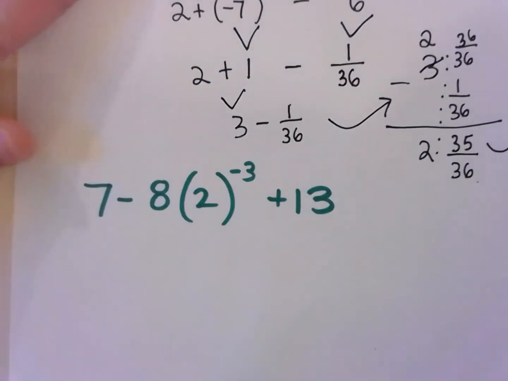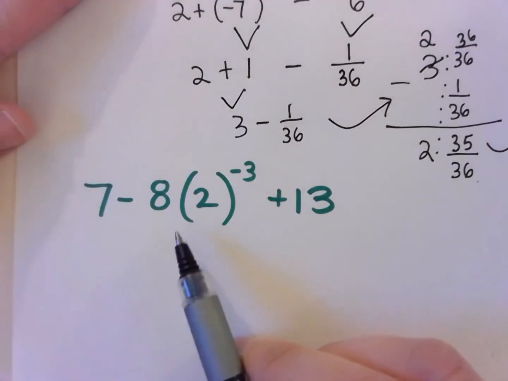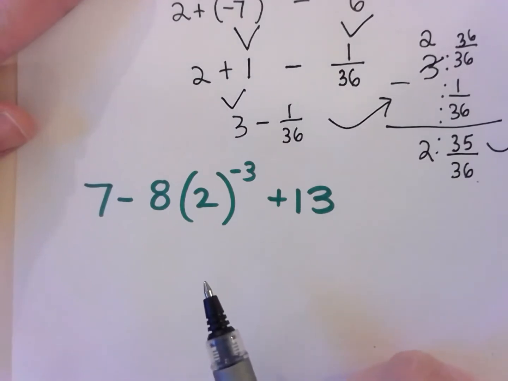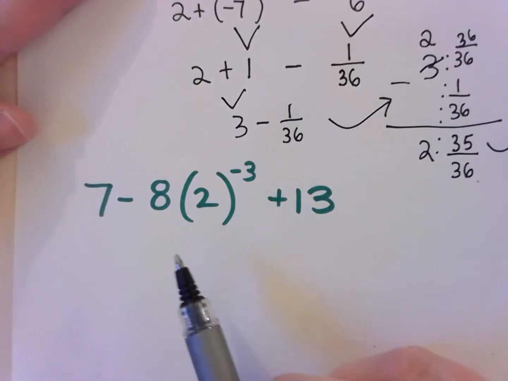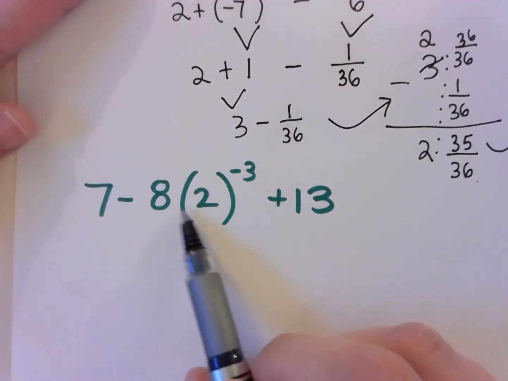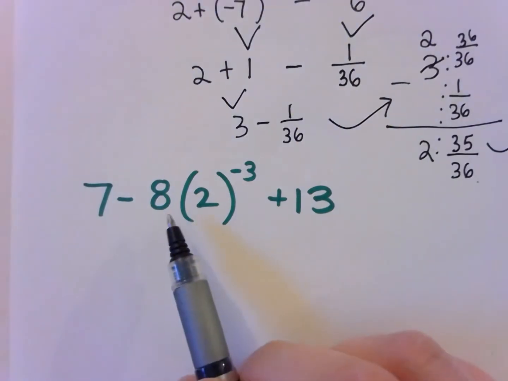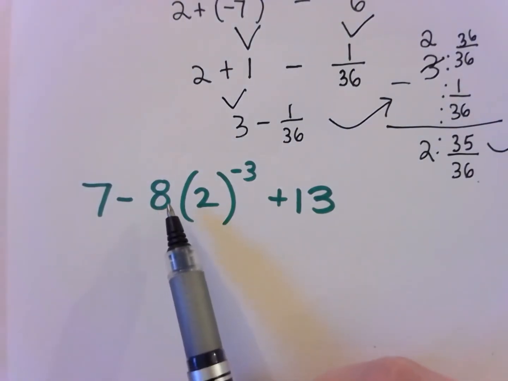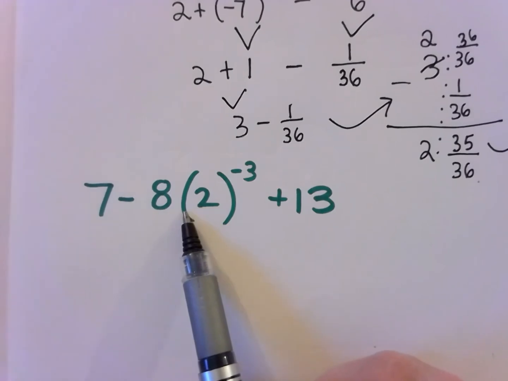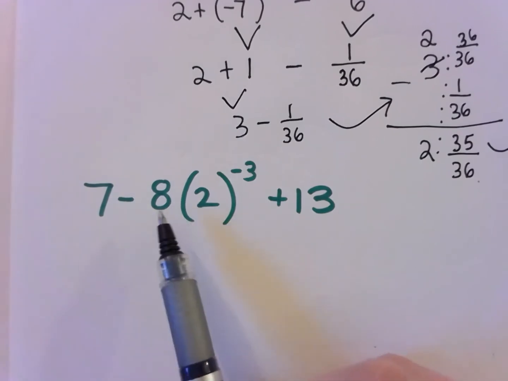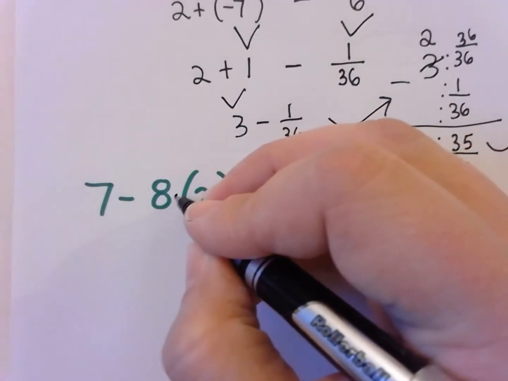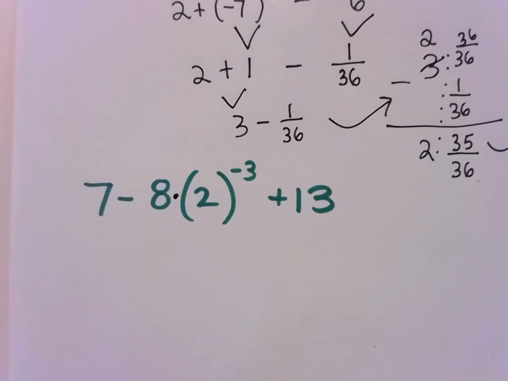Okay, last problem. Alright, so I'm not seeing anything to clean up inside of the parentheses. Interesting, there's this thing happening right here. Who remembers what happens when you have a number outside of a parentheses? Oh, wait, that's right, I can't see any of your faces, so none of you can stare awkwardly at me and not share the answer. Well, here's what happens. This is a multiplication sign.